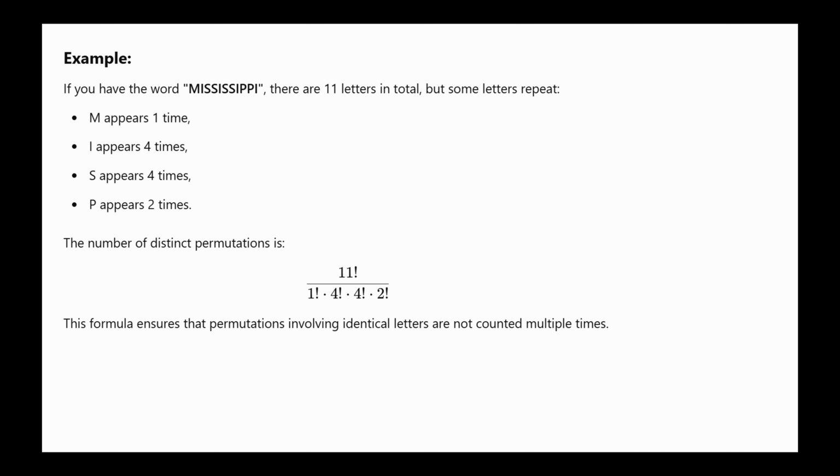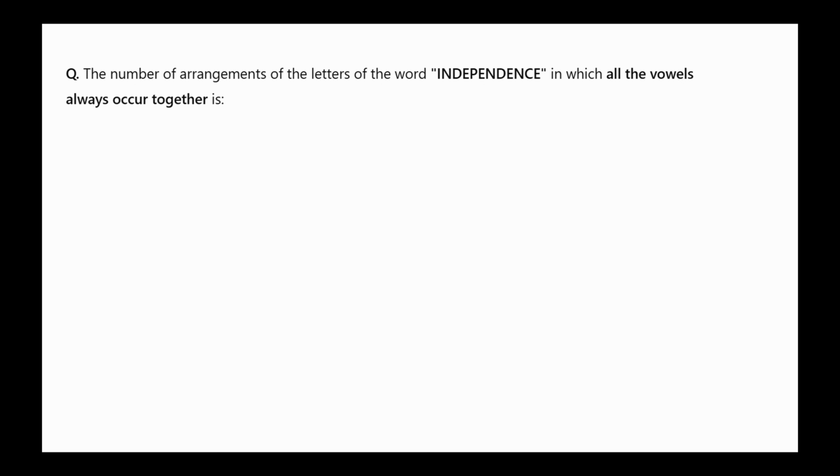So 11 factorial is the total number of letters, divided by: M appears 1 time, so 1 factorial, or you can simply eliminate it, it does not matter. I appears 4 times, so 4 factorial. S appears 4 times, so 4 factorial, and P appears 2 times, so 2 factorial. So this is the formula that we use to identify permutations involving identical letters.